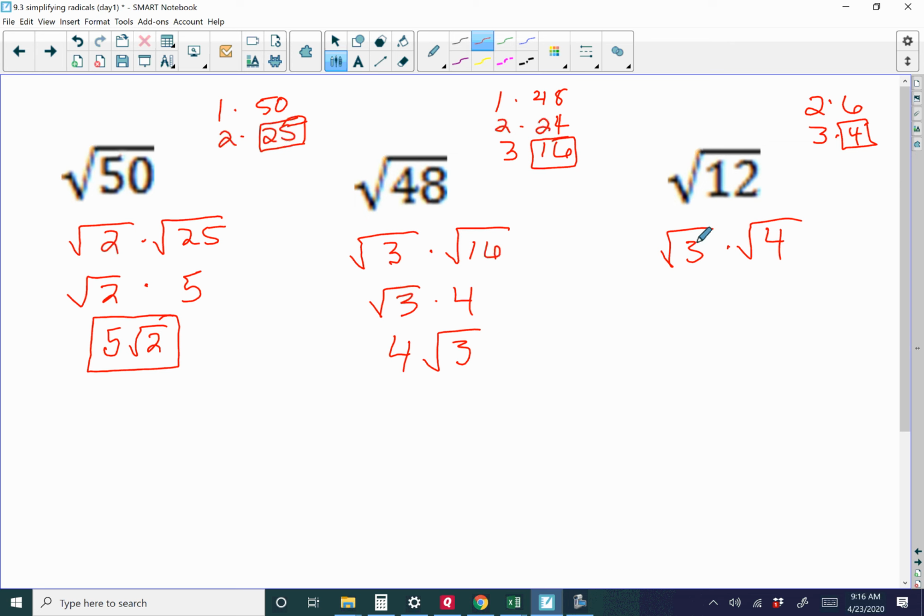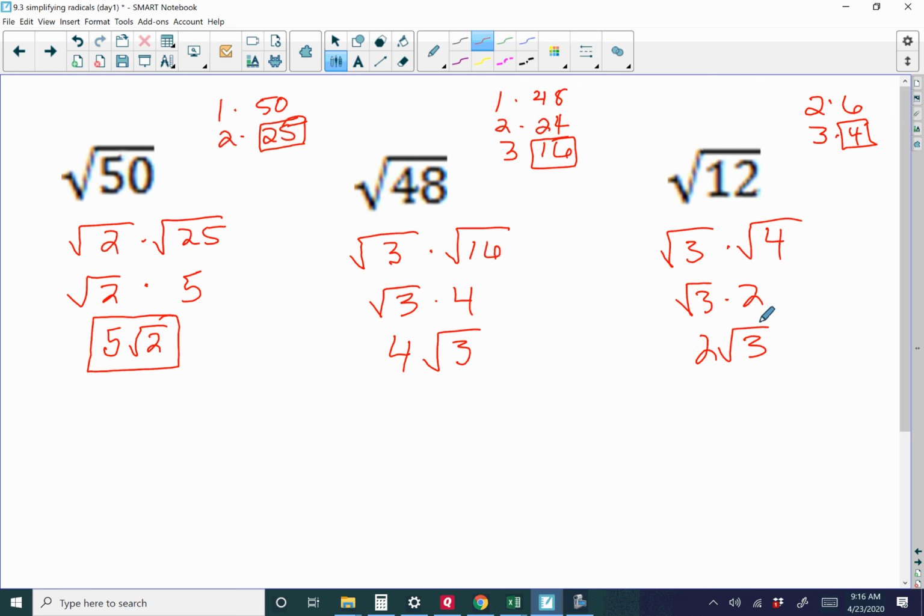Okay, square root of 3, again, doesn't have an integer answer. It's an irrational number. We leave it as a square root. Square root of 4, though, is 2. So this is the square root of 3 times 2. I'm going to rewrite that, put the radical last. So 2 square root of 3, and that's your answer.